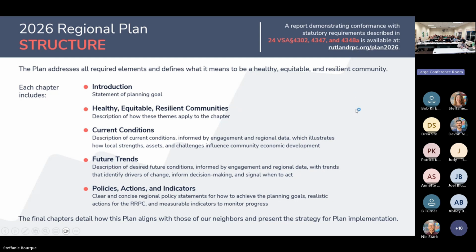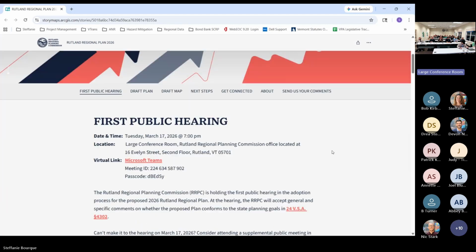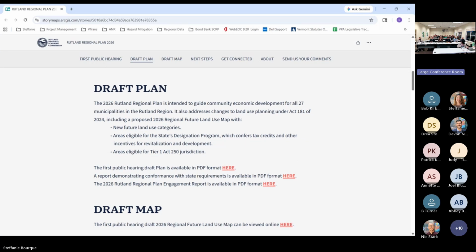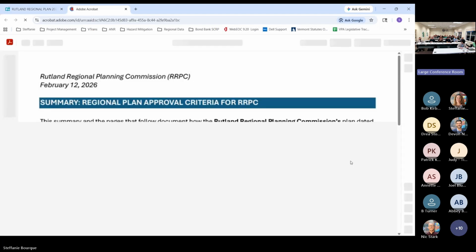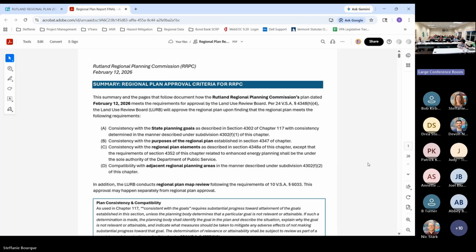So I'm going to bring you back to our landing page and show you where that report lives, because it's not trivial. The report demonstrating conformance with state requirements is available in PDF format for viewing or download by clicking on that link.